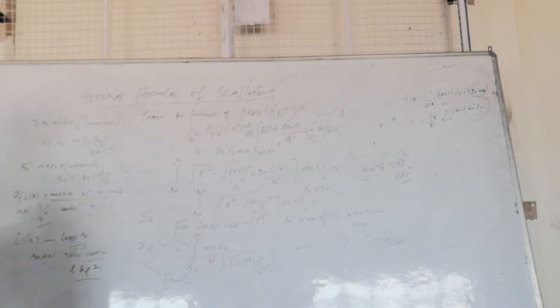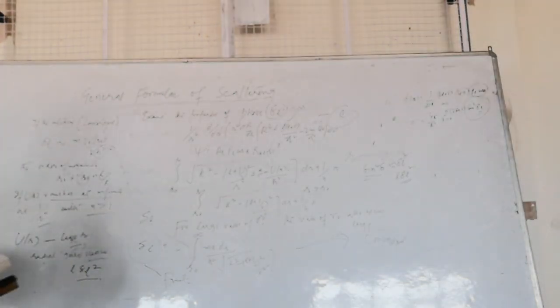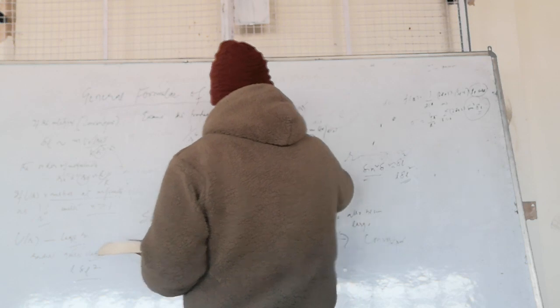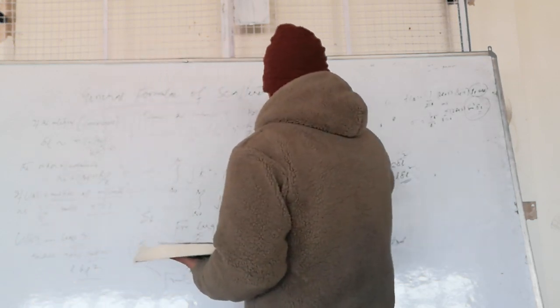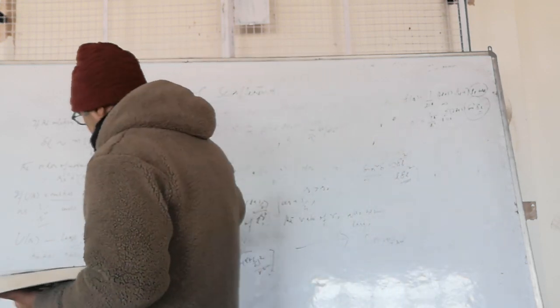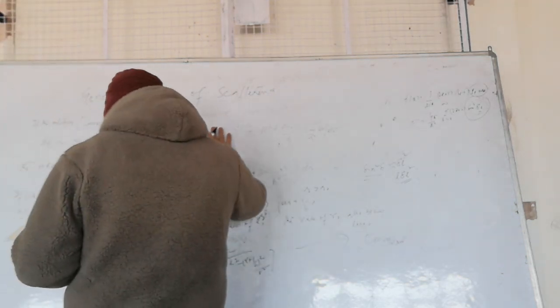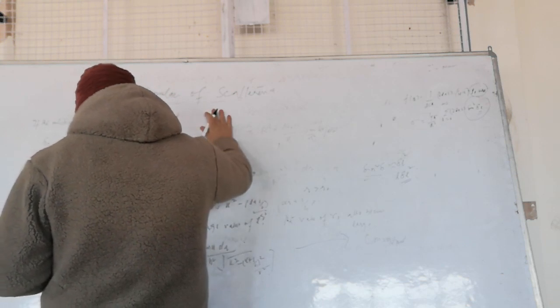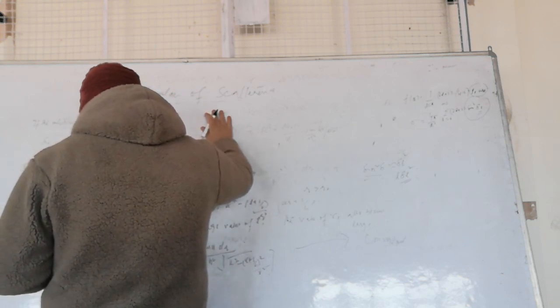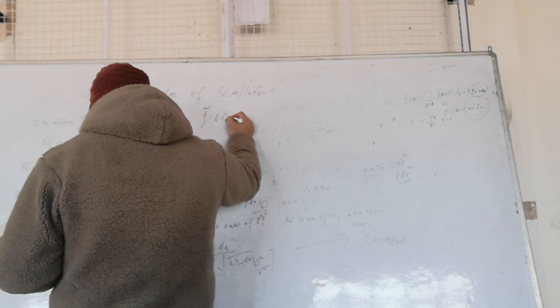Now we are going to see the original formula, which we have in the form of u. So the formula will take this form: the integral from 0 to infinity of L delta L square dl.